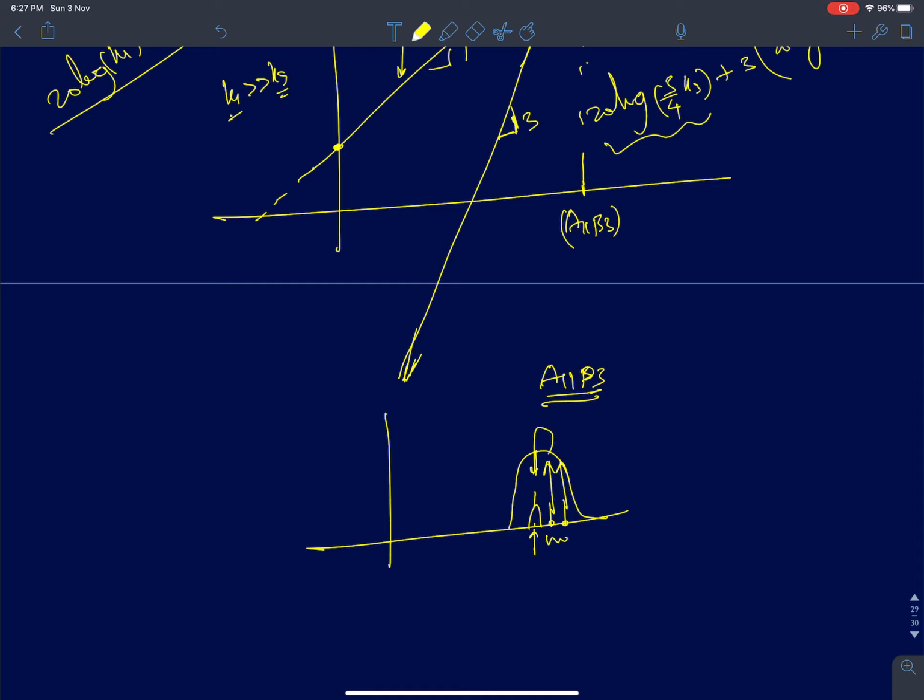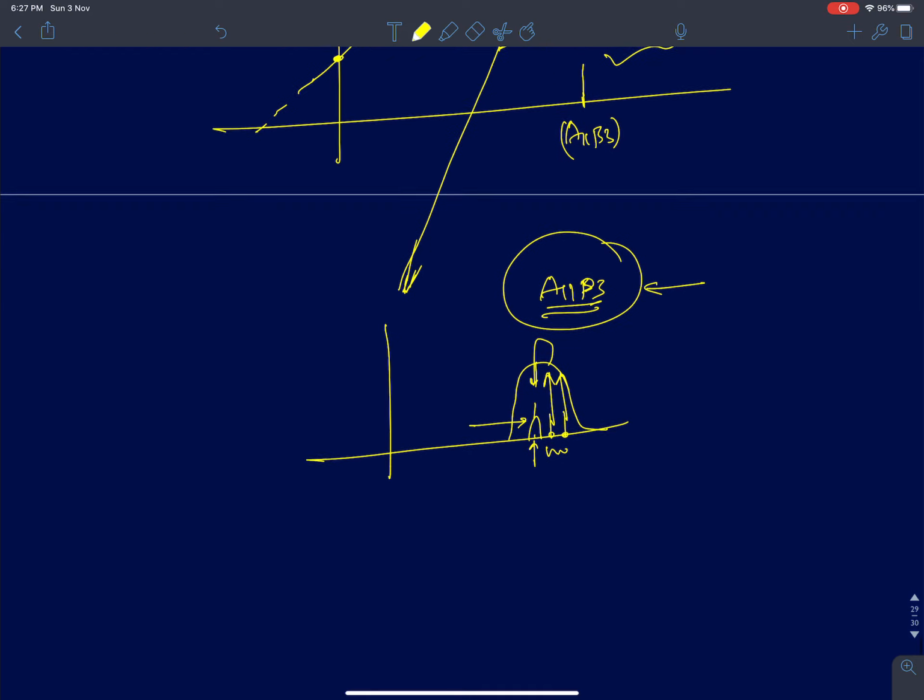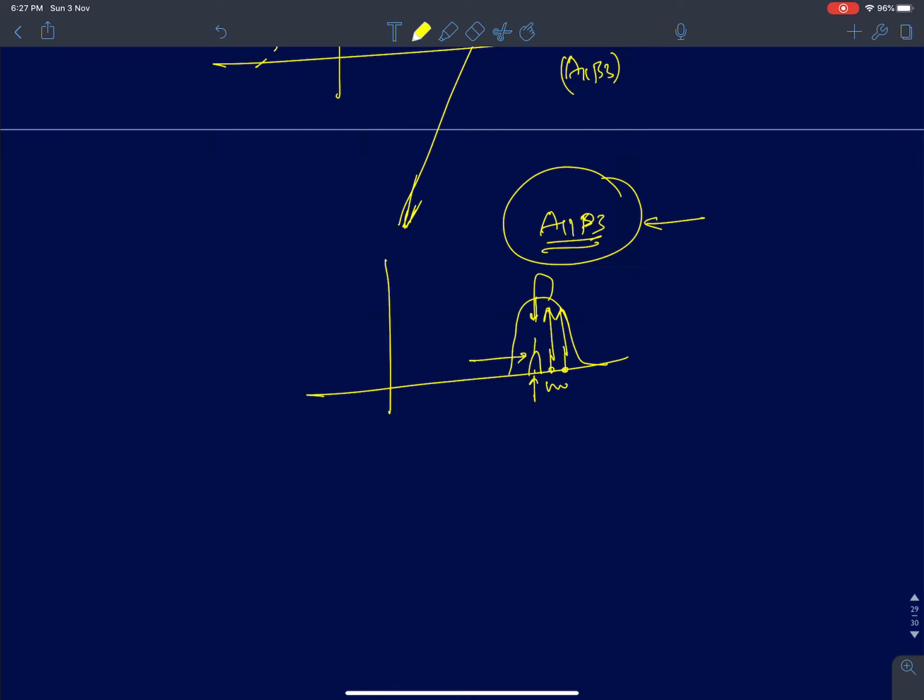And what is the strength of this unwanted component at your desired channel? That is determined by the nonlinearity of your receiver, and that is characterized by IIP3. If I have a bad receiver, then it's going to create a much bigger intermodulation term here, and you can see that by just looking at the value of IIP3.